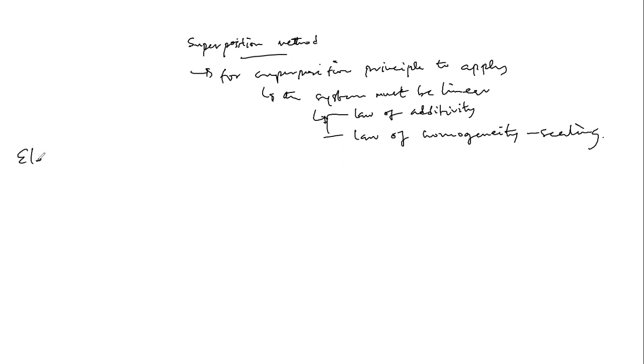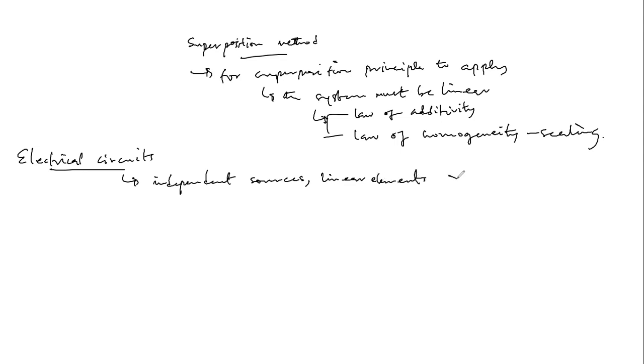But in electrical circuits, we say that the circuit itself is linear if it consists of independent sources, linear elements, and linear dependent sources.